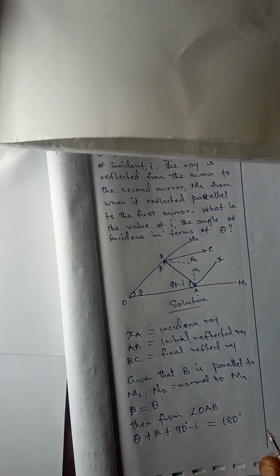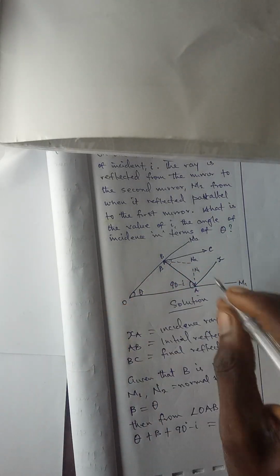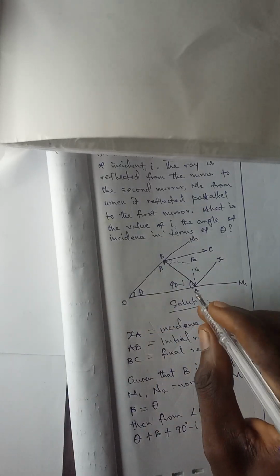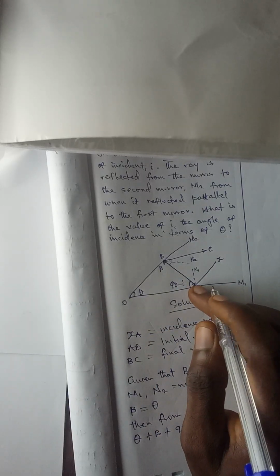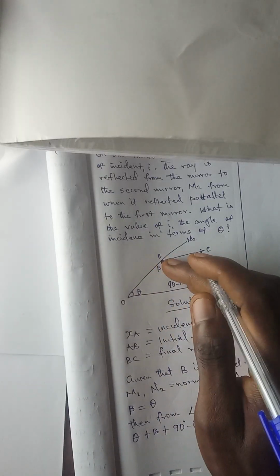And of course, the sum of the angles in a triangle is 180 degrees, meaning that here is 60, 60, 60, yes, 180.